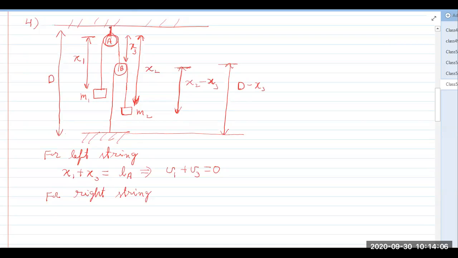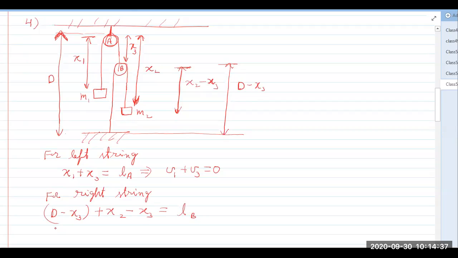So we can take it from pulley itself. So this is x3 and the total is D. So D minus x3 is this length. Now if you write the length of the right string, that will be D minus x3, that is the length of this part, and then x2 minus x3, that is going to be equal to the total length of string B.